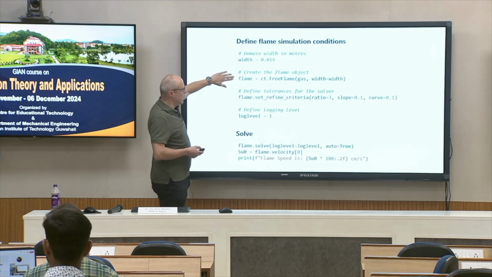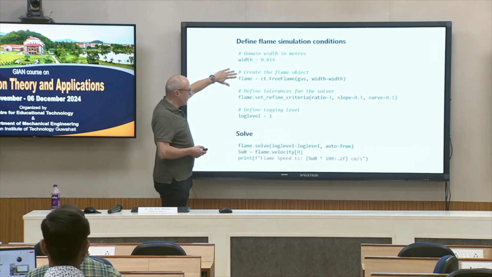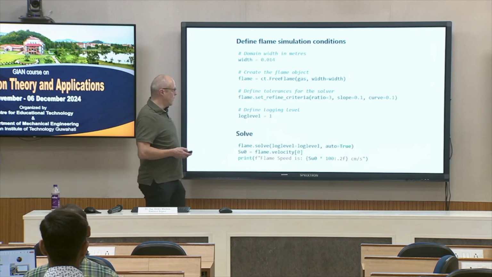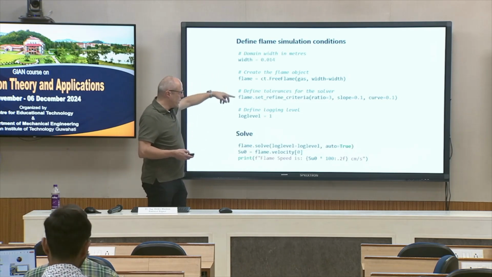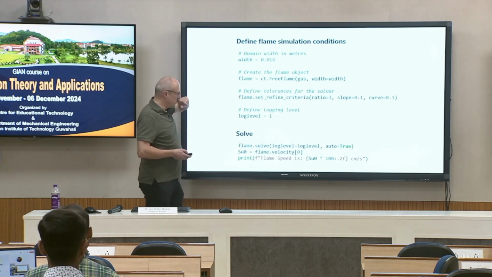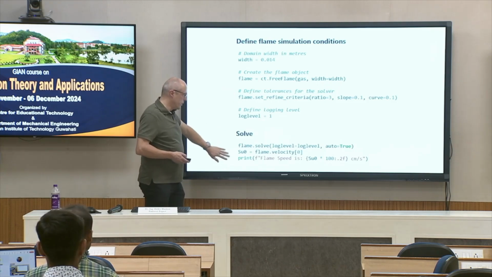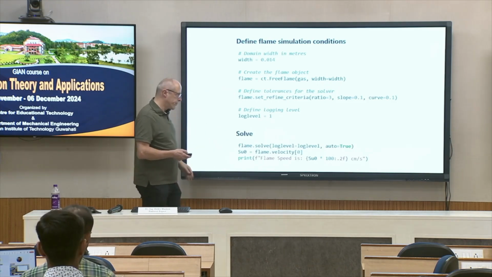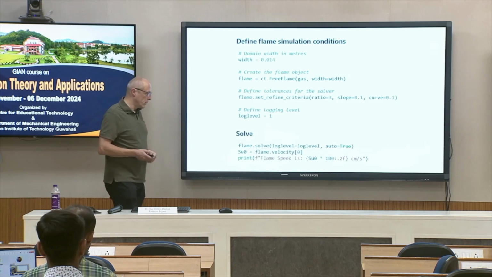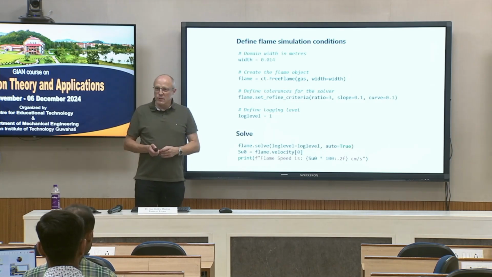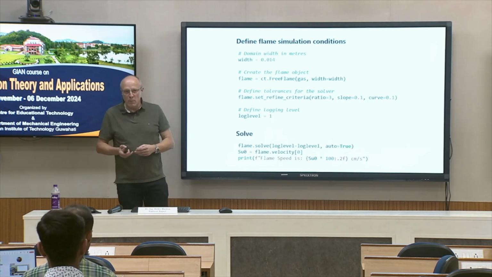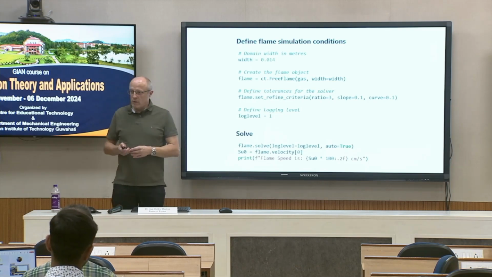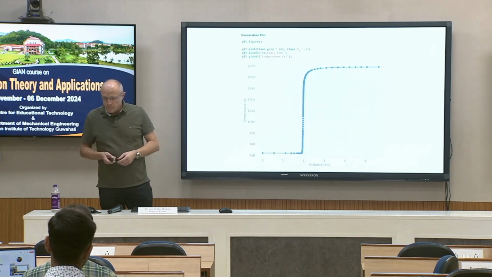Then here we call already the solver. Okay, here we have some parameters for the solver, and at the end we get our flame velocity. That's it. Quite simple, not much more complex than the example we have seen in the morning.